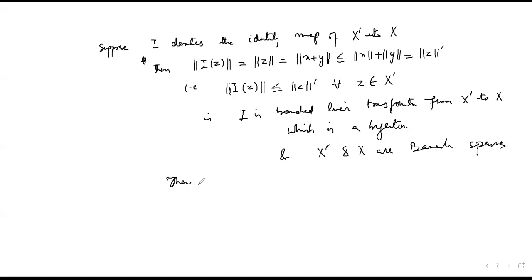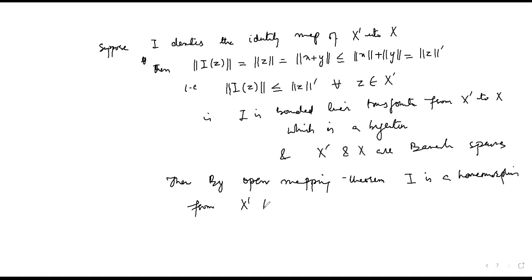Then by open mapping theorem, if you have a surjective linear map that's also 1-1 between Banach spaces, तो उसका inverse भी continuous होगा, यानी वो homeomorphism होगा. By open mapping theorem, I is a homeomorphism from x prime to x, that is x prime and x have the same topologies.